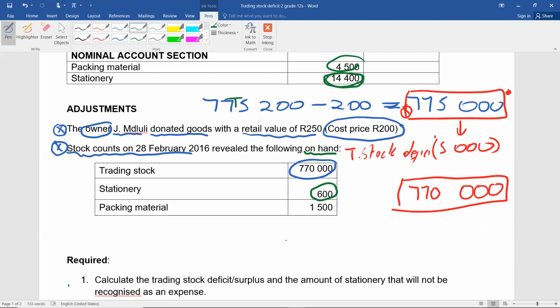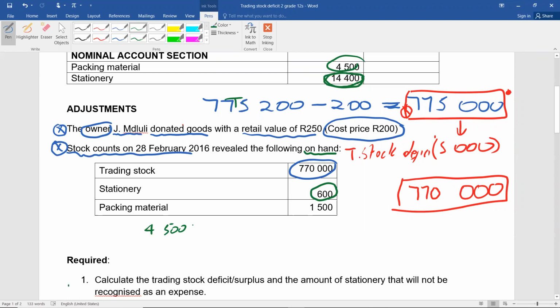Okay. I'm going to go to the first person, which is Amanda. Amanda, what am I going to do with 14,400? You have to find the difference. How do I do that? You say 4,500, and then wait, so you said we only expense what we have used.